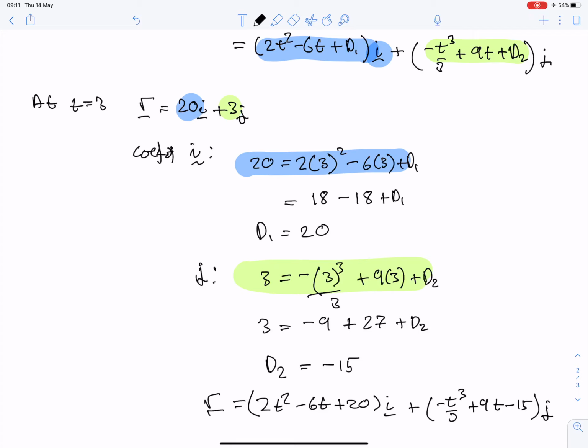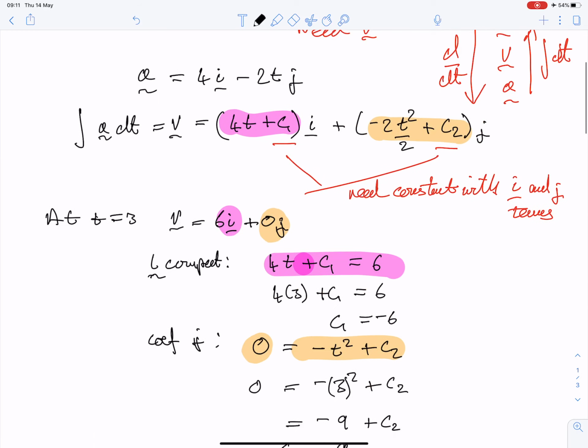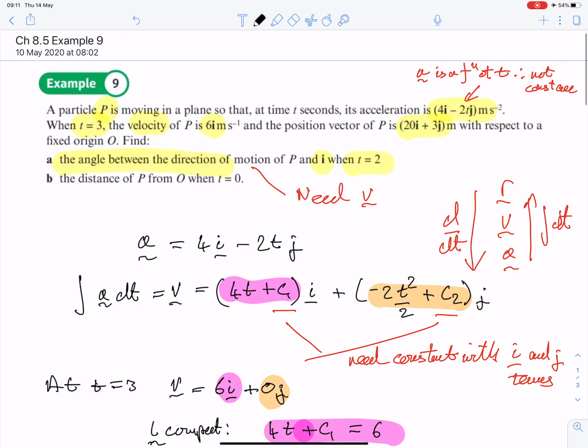Okay, let's go back, check the question, see if we've answered it. The distance of P from O when t equals 0.